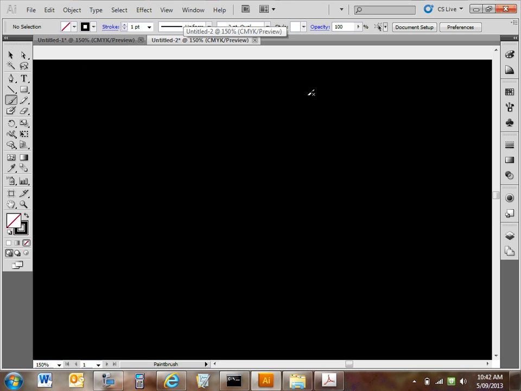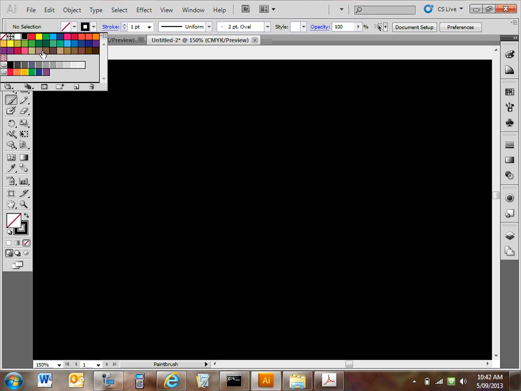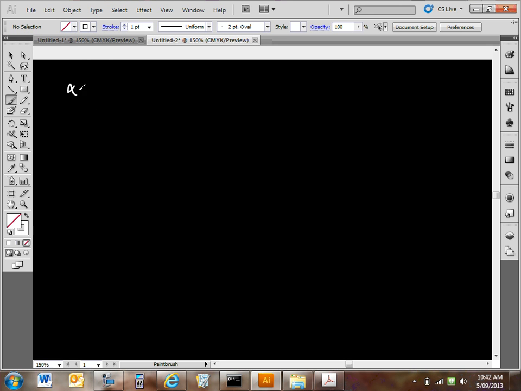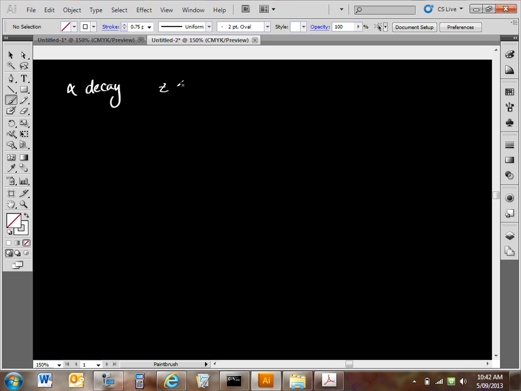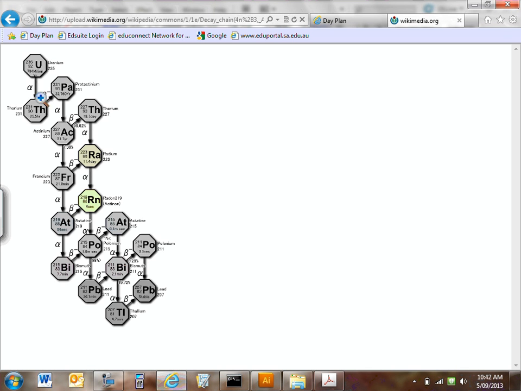Something we have to add, alpha decay. Alpha decay just means a helium nucleus has been thrown off of some large nucleus. The book says it happens with an atomic number greater than or equal to 83. And you saw from that decay chain before that we have alpha decay here, and here, and here, and here.